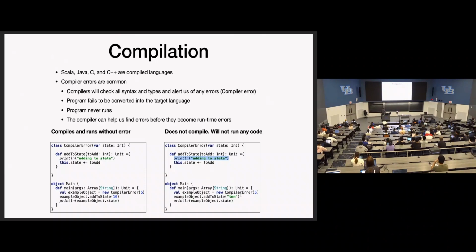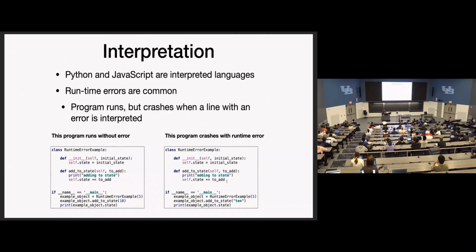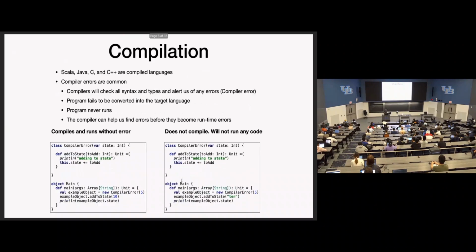And especially, you can get into some really big issues where if this line is in a conditional and you haven't written a test, you haven't tested where that conditional is true, this whole program could run and act like it's fine until you run it with a case where that conditional is true and that line is executed and then your program crashes. Those bugs can be a little harder to find. Scala is going to look out for us and the compiler is going to look out for us and find those bugs without us having to search very far.